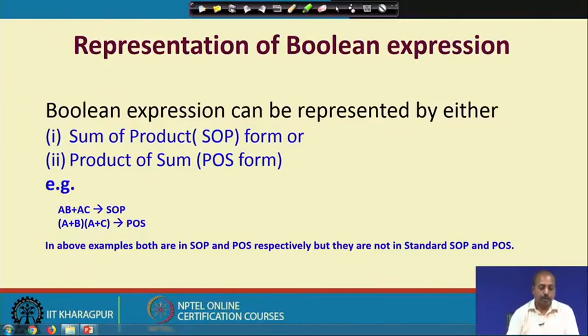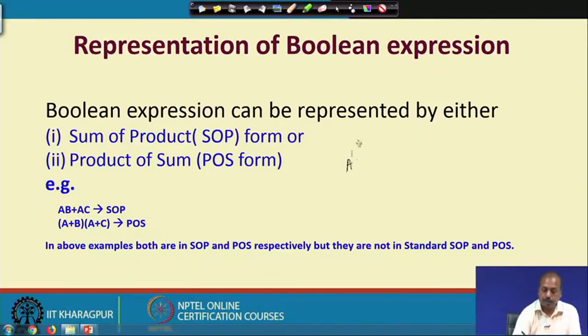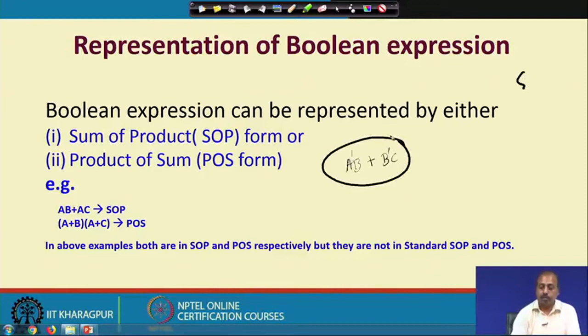Now, instead of simply being the variable, it can be the complemented form of that also. This is also a correct form: A bar B plus B bar C. This is also a sum of product form, but here the individual terms are in some complemented form.